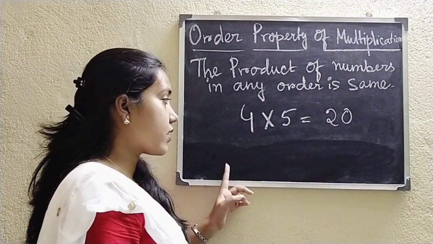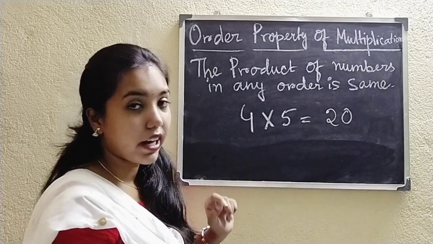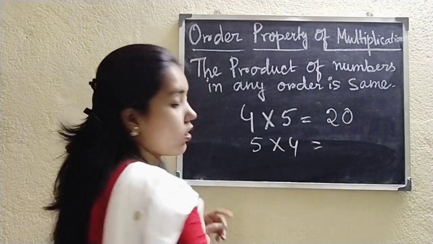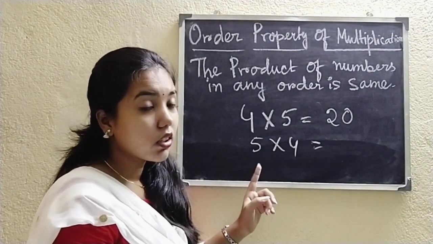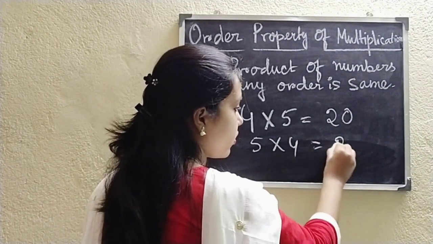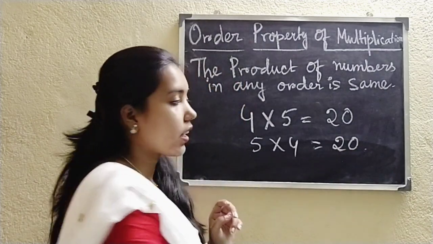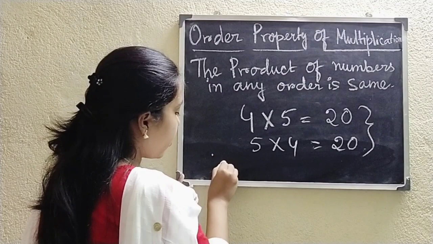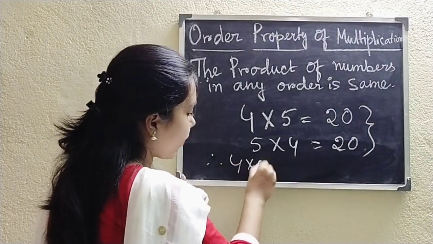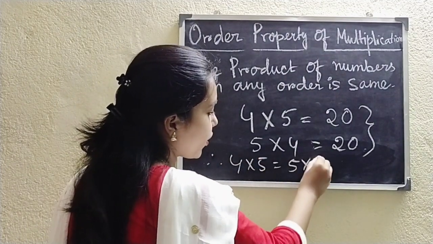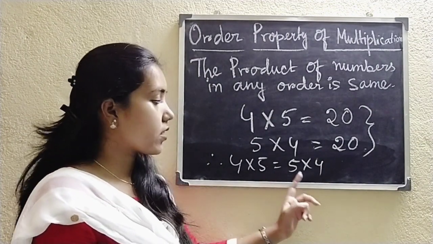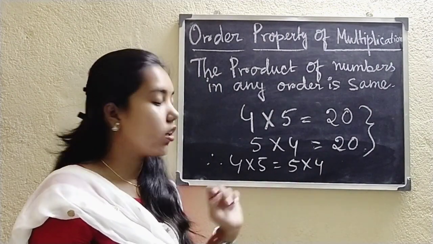Now let us change the order of the factors, that is 5 into 4. That is also 20. So we can see that both the answers are the same. Therefore 4 into 5 is equal to 5 into 4. The answer will be the same for both of the orders.